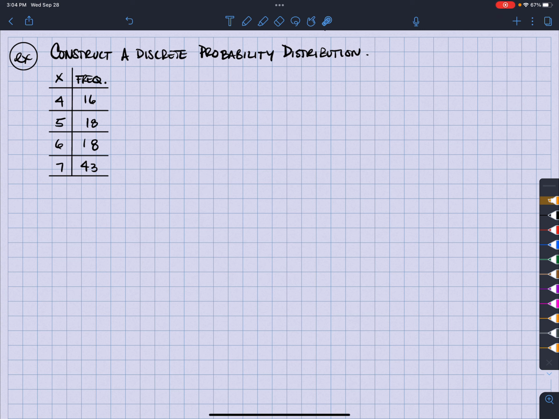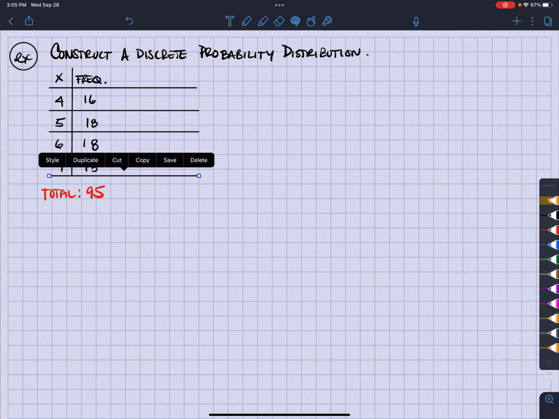So I'll do 16 plus 18 plus 18 plus 43, and I see there is a total of 95 items. So my sample space is 95. So I want to extend these right here to become probability.